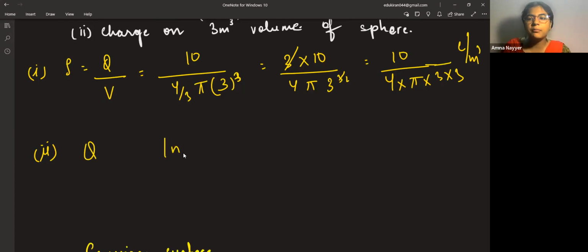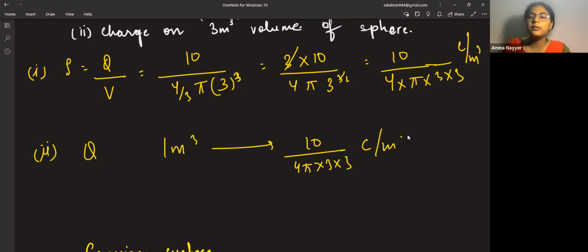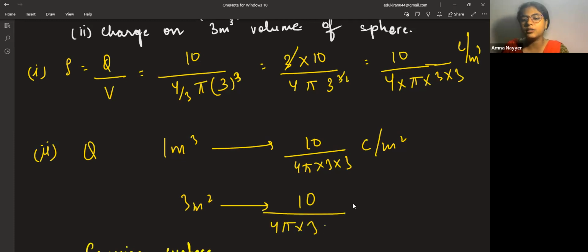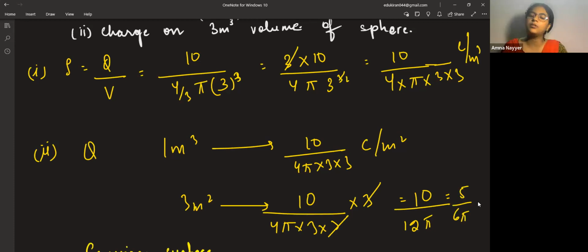It's like in 1 meter cube, we are having 10 by 4 pi into 3 into 3 coulomb per meter cube. So in 3 meter cube, whether you multiply rho into V or here also rho into V, we are doing 10 by 4 pi into 3 into 3 into 3. This 3 will get cancelled. So you directly have 30 by 12 pi. Or you can further reduce it. This becomes 5 by 6 pi coulomb of charge.